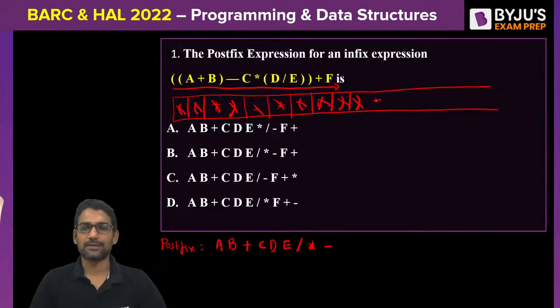Then I have plus, then F, and then the expression is over, so we will empty the stack. So the resultant postfix expression is AB plus CDE division star minus F plus. As you all said, it is option B.